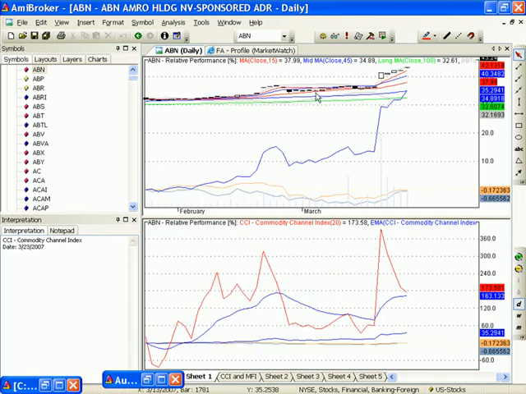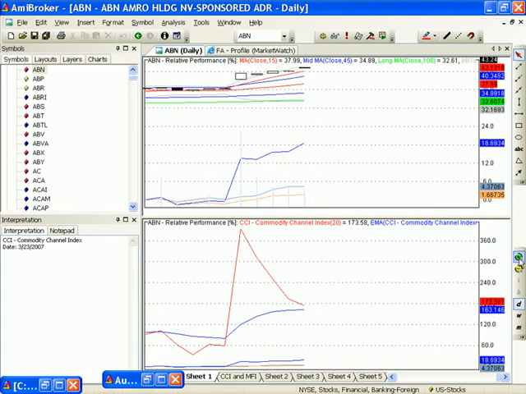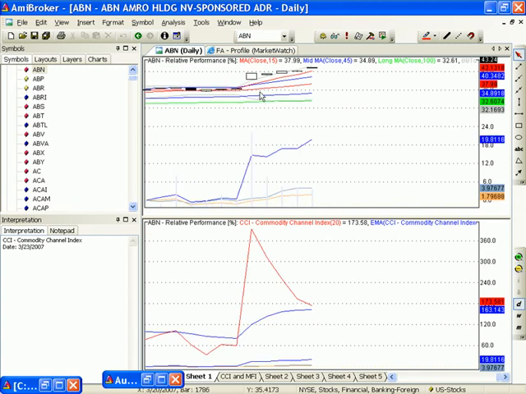I can't see any differentiation between this and the next. I've got too many things activated here. Okay, so CCI, let's zoom in. Presumably, this is all within the last 7 days.